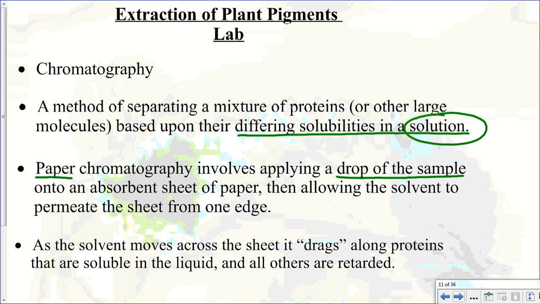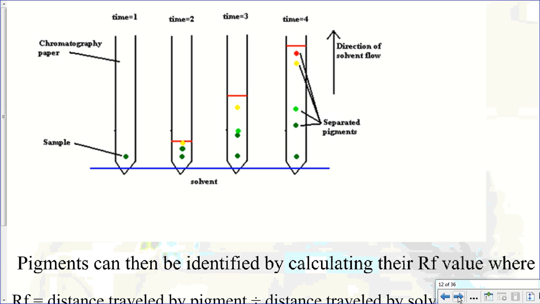And what's going to happen is that solution is going to slowly travel up along the length of the chromatography paper. And when it does that, if we do have any of the pigments that are soluble in the solvent, then it's going to drag those pigments along with them, and it's then going to separate the pigments based upon their differing solubility in whatever solvent we're using.